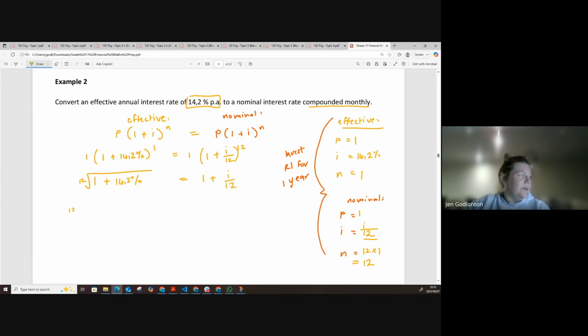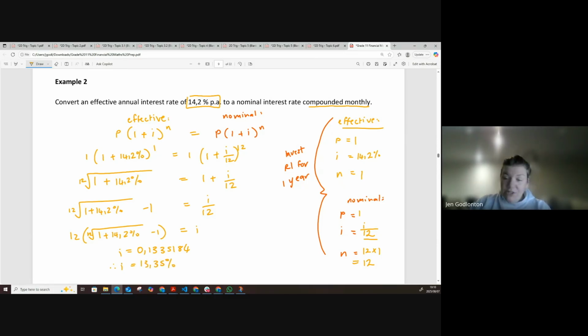So then we're going to minus our 1. And then we are going to multiply all of this by 12. And we land up with I is equal to 0.1335184, which is 13.35%.